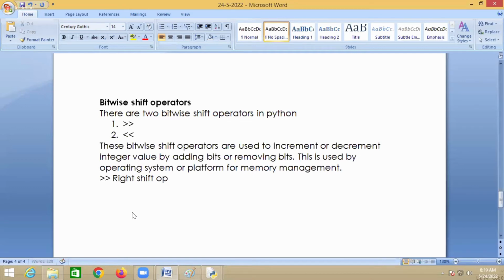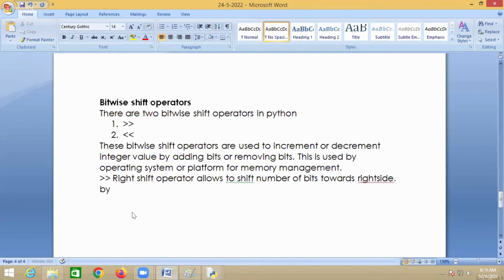The right shift operator allows shifting a number of bits towards the right side.